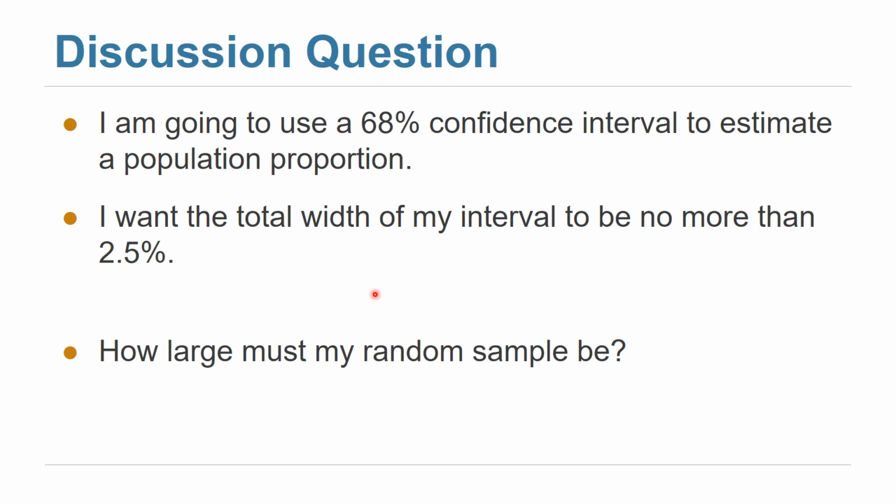What should be the size of the random sample that I should draw so that I can get this width for the 68% confidence interval? Think about these questions, answer them, and we will check the answers together in the online session, inshallah.